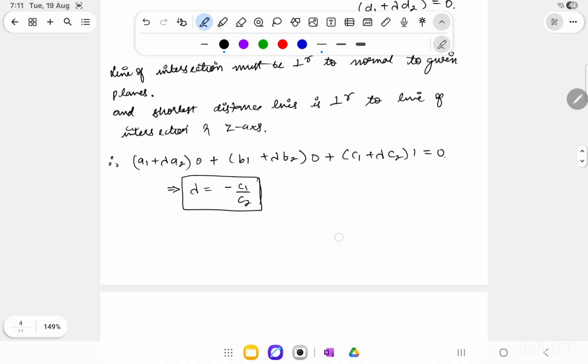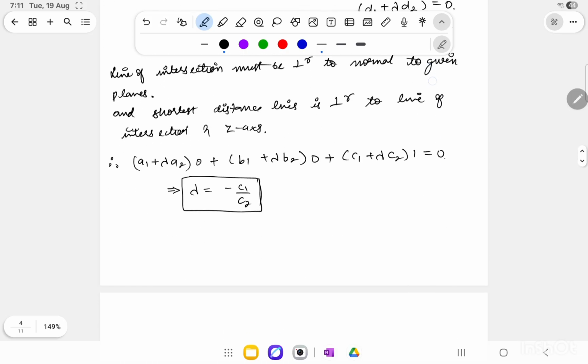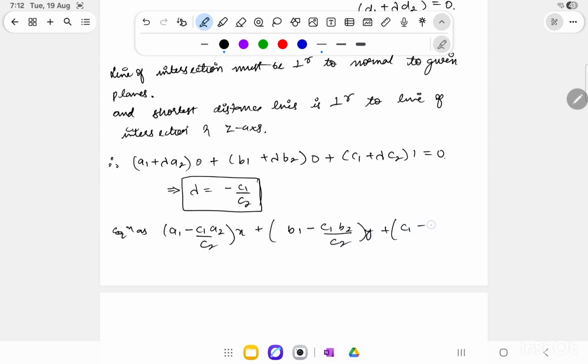So using this lambda in the above equation of plane, I'll get my equation as (a1 minus c1 a2 by c2) x plus (b1 minus c1 b2 by c2) y plus (c1 minus c1 c2 by c2) z plus d1 minus c1 d2 by c2 equals 0.